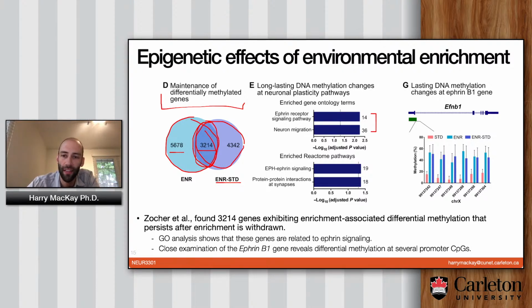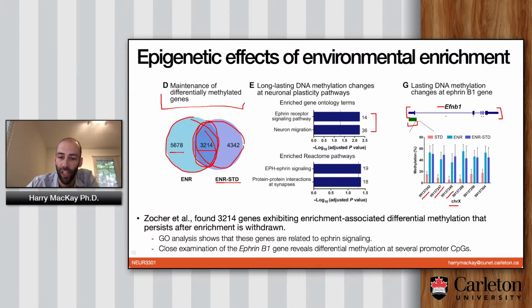And these are long-lasting. For example, if you look at the ephrin B1 gene, so here's a genome browser kind of view of the gene. You've seen this kind of diagram before, right? You've got the introns and the exons here and so on. And the area that they looked at, the CpG island, is right here. And what they find is that at these positions, the gene is on chromosome X. These numbers here give the position on the X chromosome.